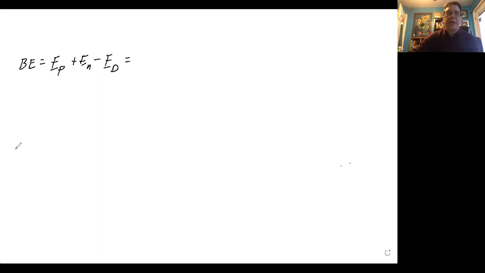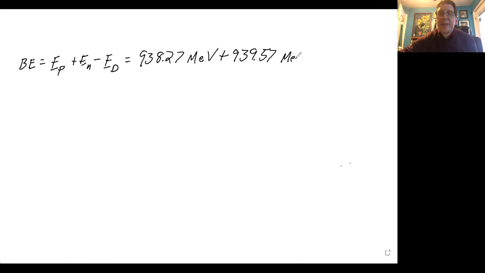So that's 938.27 mega electron volts, plus the energy of the neutron, which is 939.57. And you're subtracting from that the energy of deuterium. So deuterium in atomic mass units is 2.014102, and you're multiplying that by the atomic mass unit, which is 931.51.